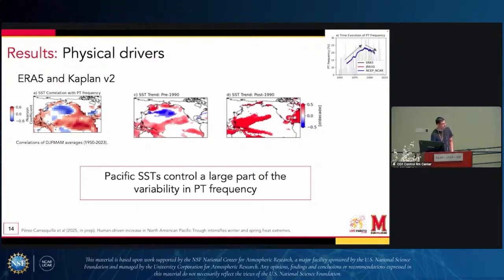And then what we found is that the trend that goes from 1950 to 1990 might be linked to this cooling in the northern Pacific that happened before that. And then the change in the sign of the trend might be linked to the La Niña-like warming over the Pacific, which would be consistent with the teleconnections that we know between La Niña and the northern circulation.